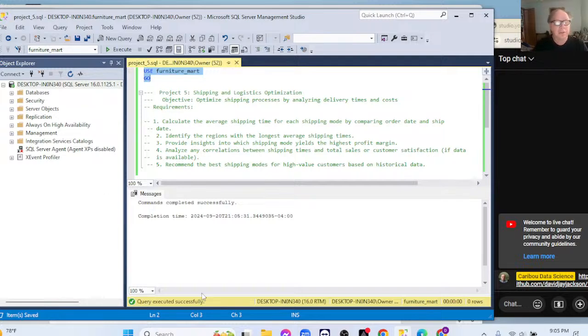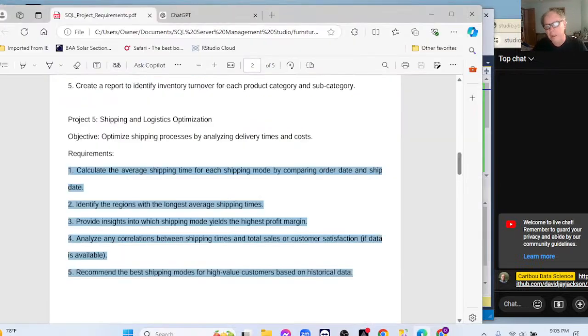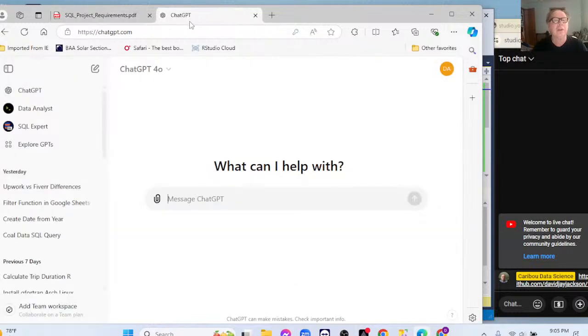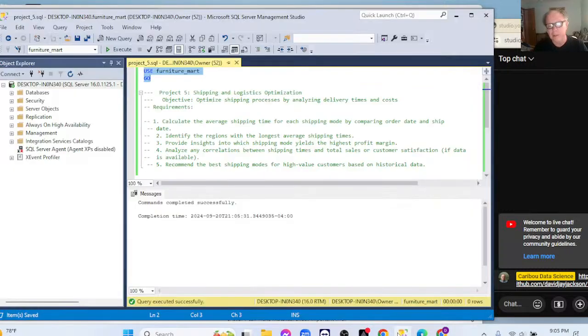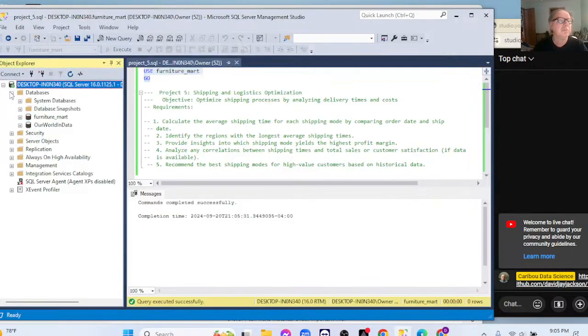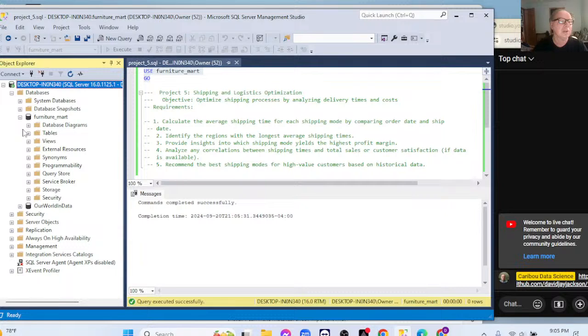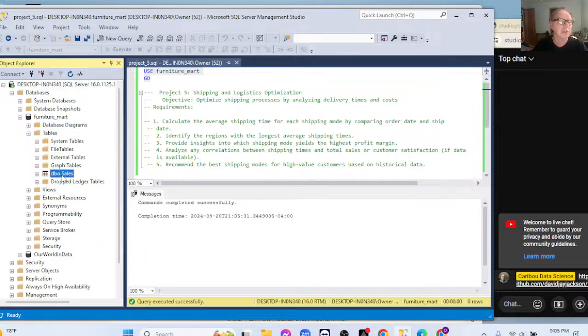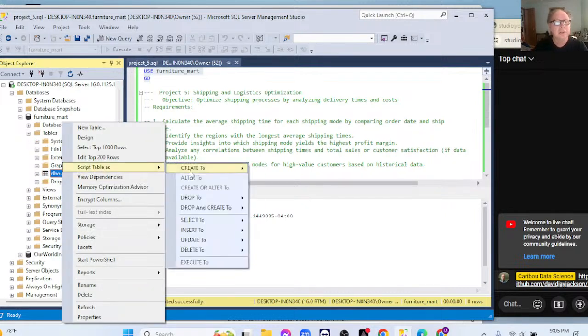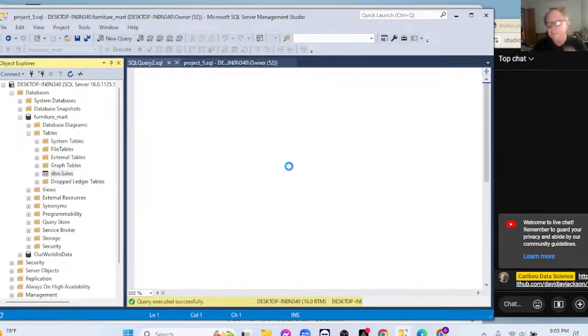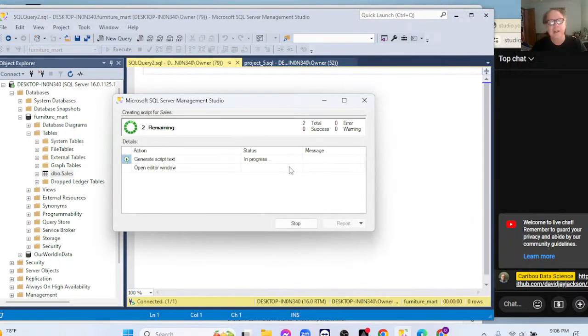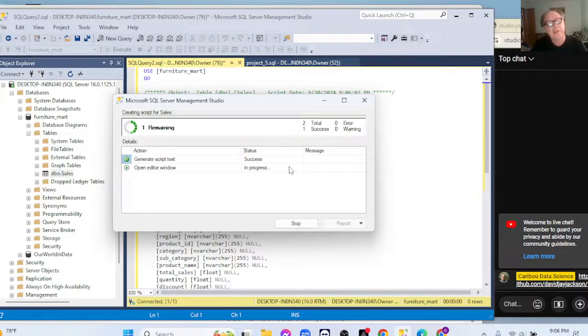And let's just do some, what could we do? We have a couple options. We could actually come back over here and upload the data itself. Or we could come over here, database, furniture mart, tables, and just give it the description of the data.